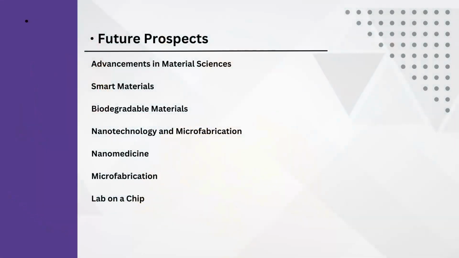Now, we are going to advancements in material sciences. Smart materials. Future therapeutic devices may incorporate smart materials that respond to changes in the body, such as pH, temperature or glucose levels.